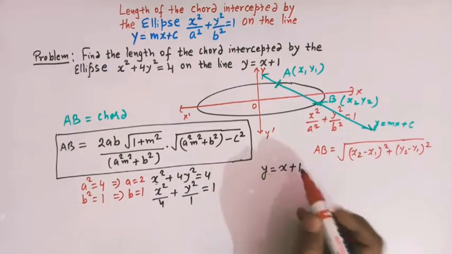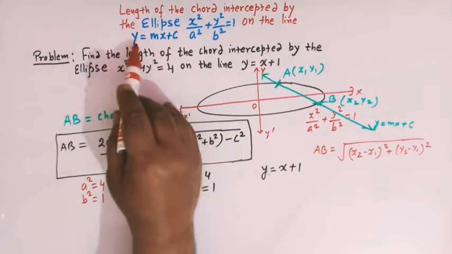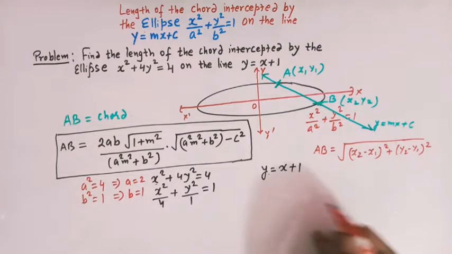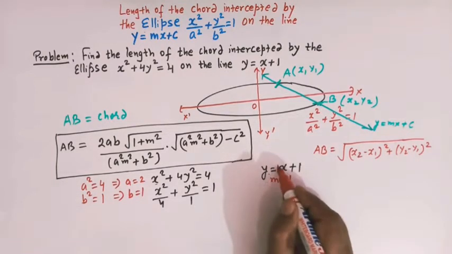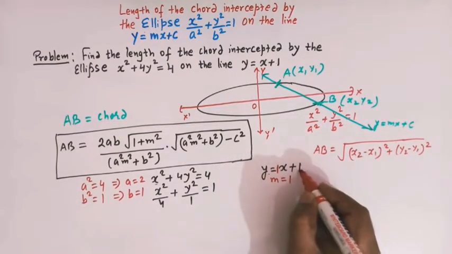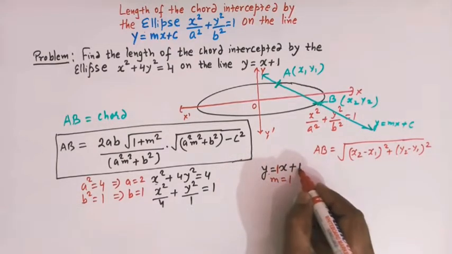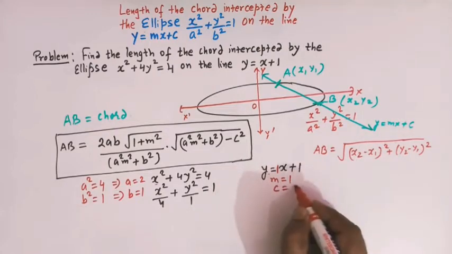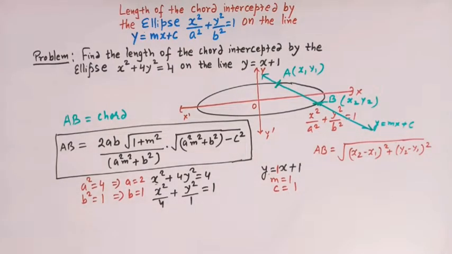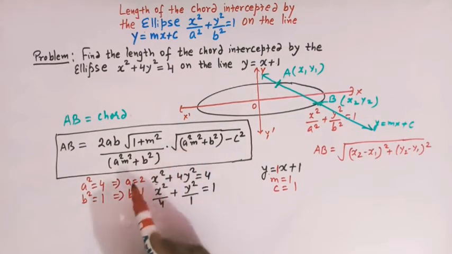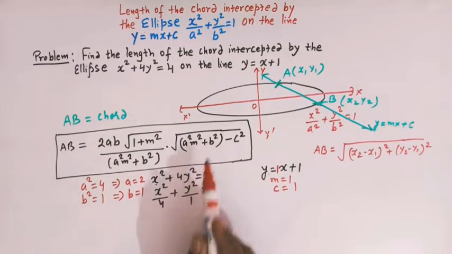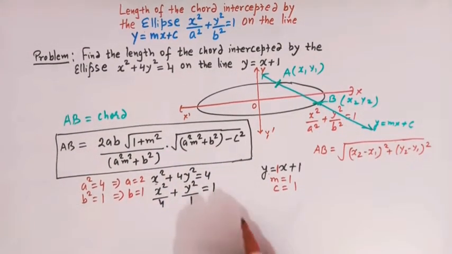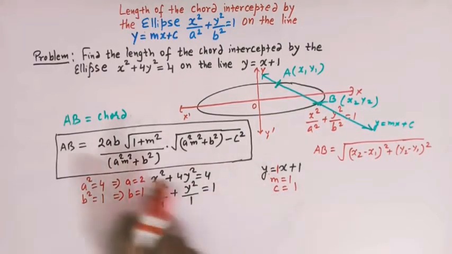Similarly, comparing the equation of the line with y is equal to mx plus c, we see that m is 1, that is the slope of the line is 1, and the y-intercept c is equal to 1. Now we substitute the values of a, b, m and c in the formula.